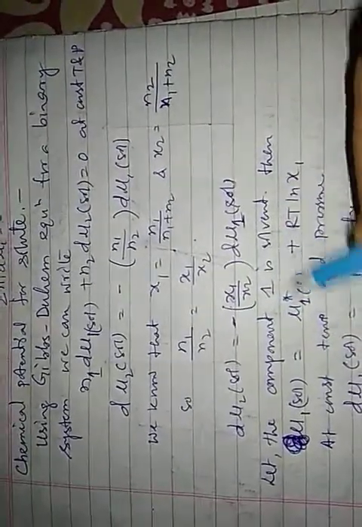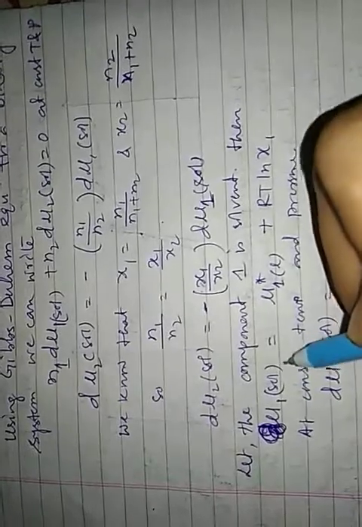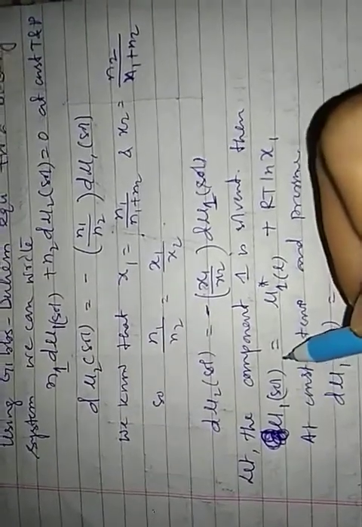Let the component 1 be the solvent, which I have talked about already. Then mu 1 in solution will be mu 1 L, that is the chemical potential of the pure solvent, plus RT ln x1.